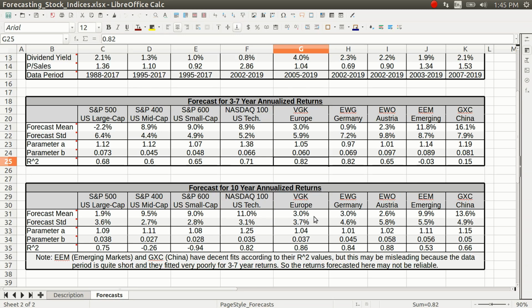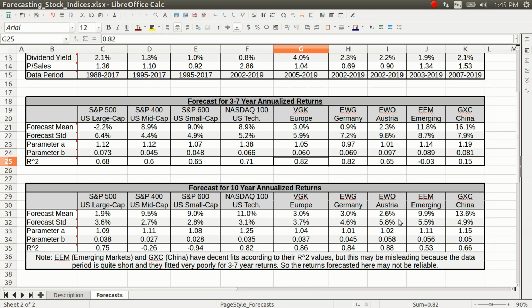But again, for today and going forward, it would seem that the European index, the German and Austrian indices will have fairly low future returns of around 3%, unless the future sales growth will be higher than it has been in the past, or unless we will have a significant revaluation with higher price to sales ratios.